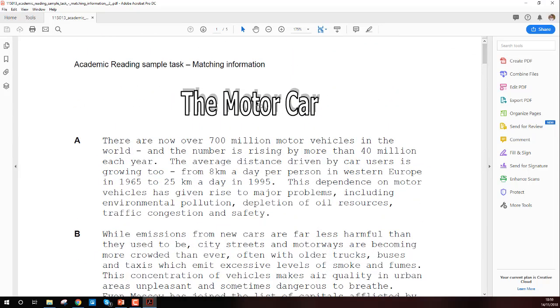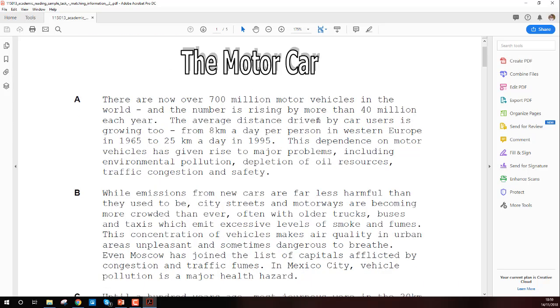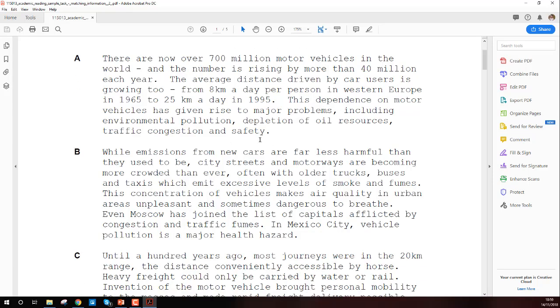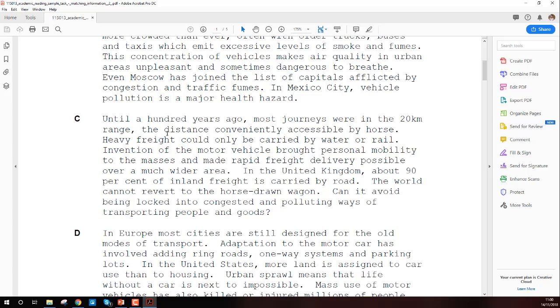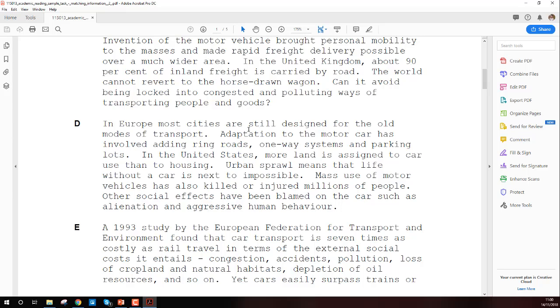Okay, so increased use of motor vehicles. Talking about the use of motor vehicles, really. Talking about the problems. Talking about the past.